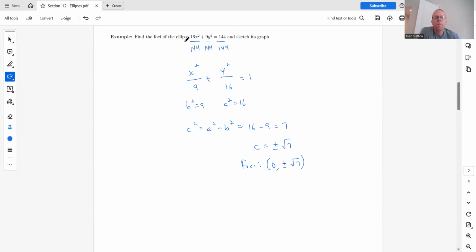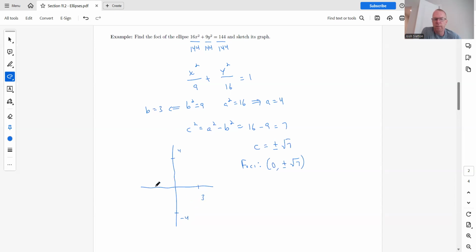And so then we can sketch the graph. Of course, we have a squared is 16, so a would be 4, and then b squared is 9, so b is going to be 3. So we have 4 and negative 4 on the y-axis.